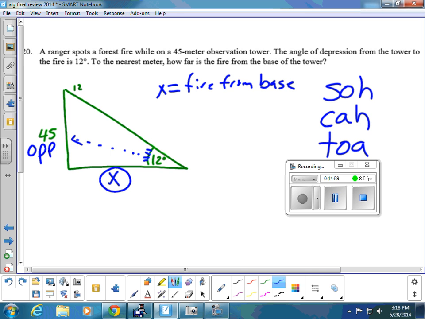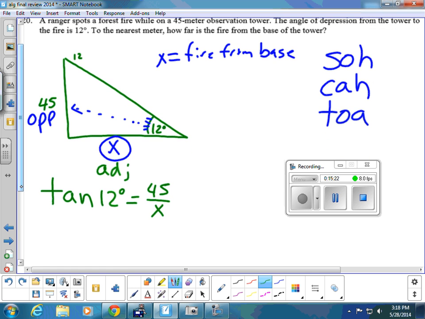One of them's the hypotenuse, and I'm not going to use the hypotenuse, so I almost don't even want to label it. That'll disappear in a second. And I need the adjacent side. So we're going to use tangent. And again, we know how to fill this in. Tangent of 12 degrees equals the opposite over the adjacent x.